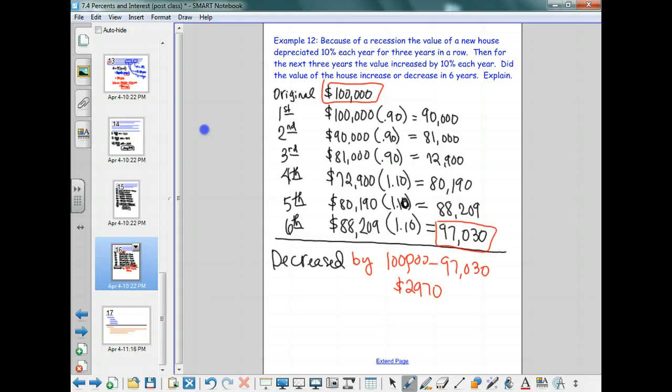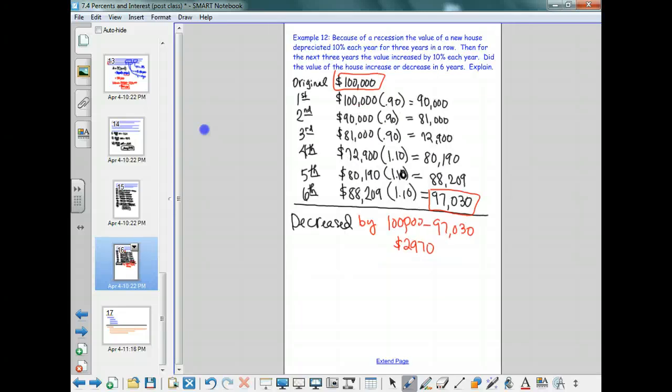But we made up those numbers, didn't we? So it's not really fair to say this house decreased by that because we don't really know that the house was really $100,000 to start with, do we? But we can make it generalize by taking that $2,970 and dividing it by the original amount that we made up for the house. Does that look familiar?